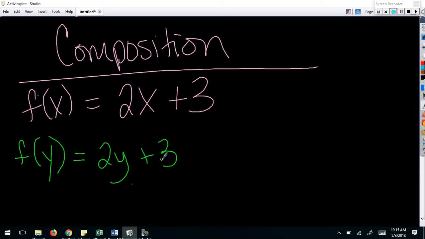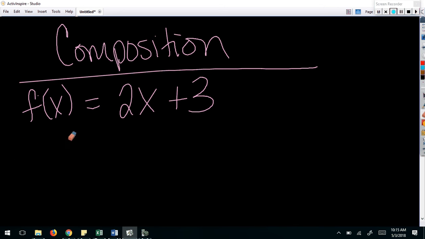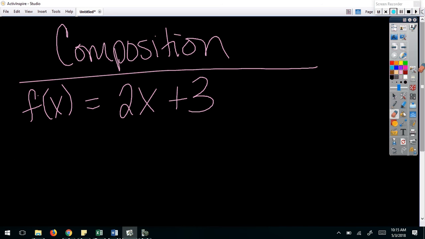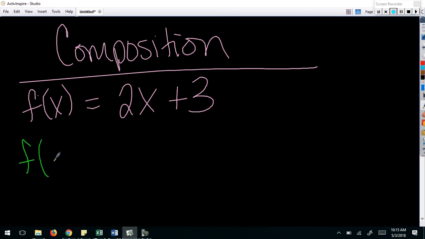So no matter what's in that parentheses, if I asked you to find, let's say, f of McGee, so it'd be 2 McGee plus 3. The point is, it doesn't matter what's in parentheses, Bryce.